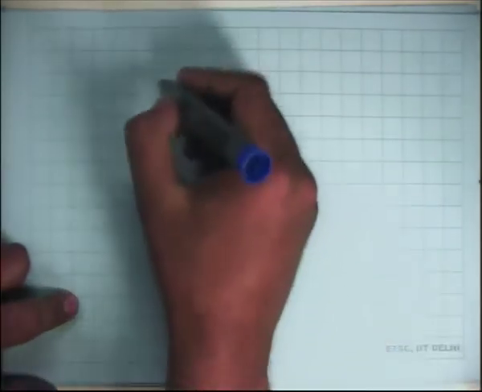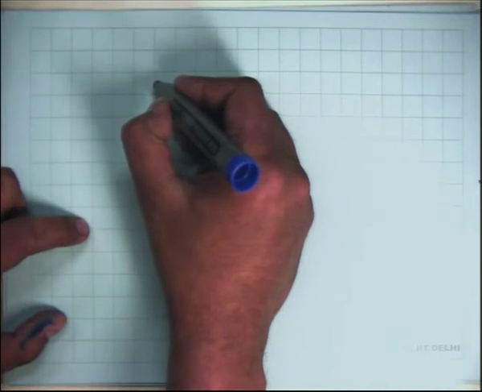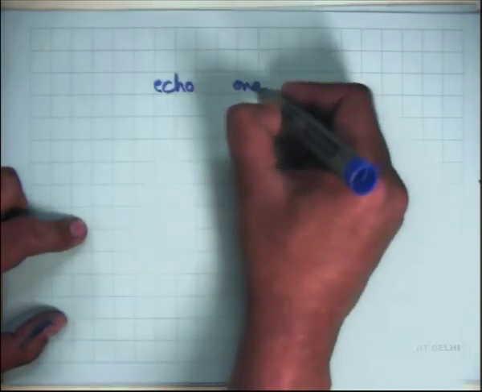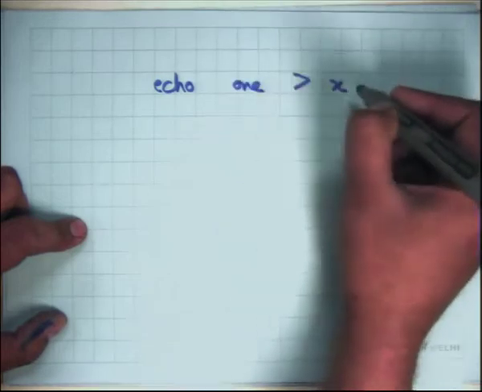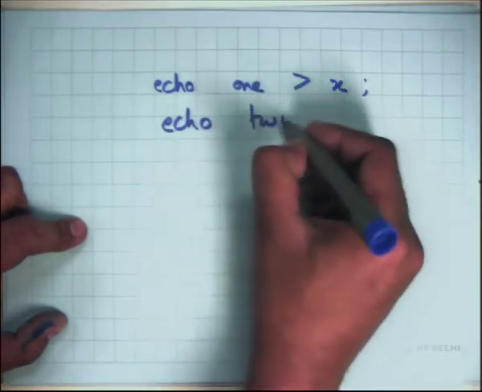So if you have an implicit offset, then let's say you wanted to implement something like echo 1 to x and echo 2 to x.